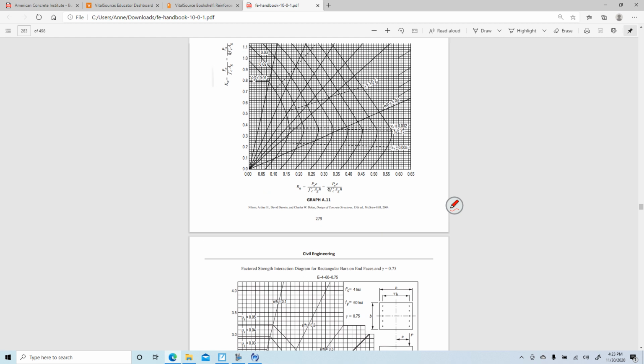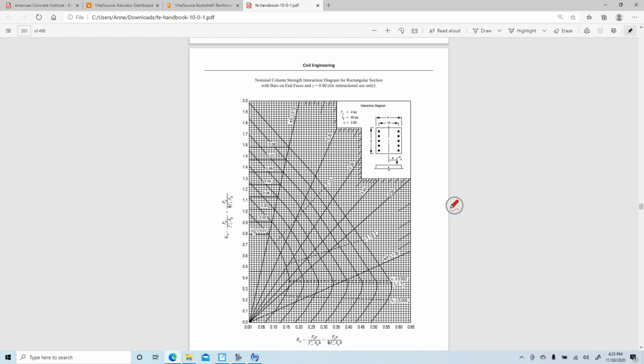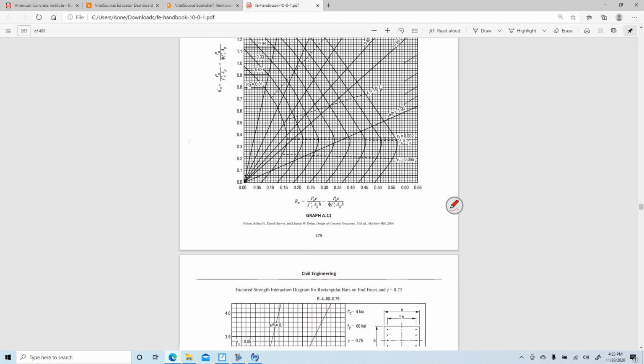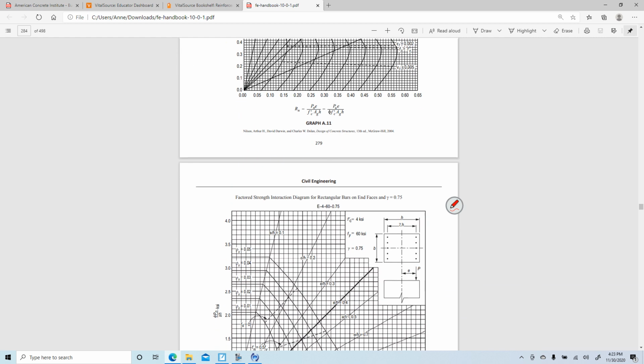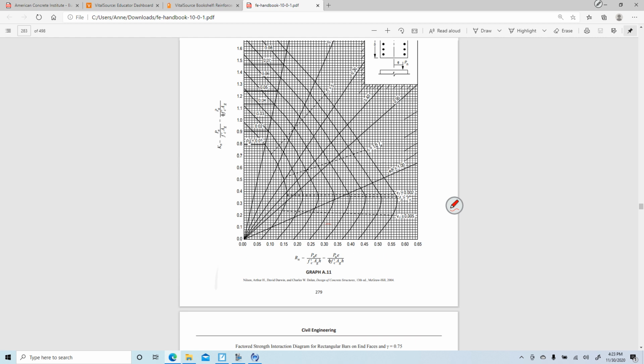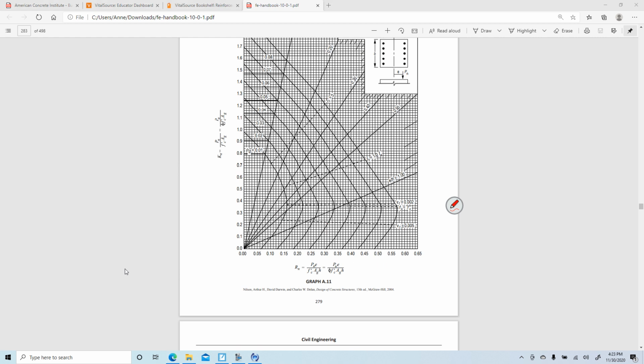They use a non-dimensional thing where it's PU over phi F prime C AG. So they take out the stress is what they're taking out. Or they have another one. This is like the textbook, which is literally from our textbook. So there's two different ones.